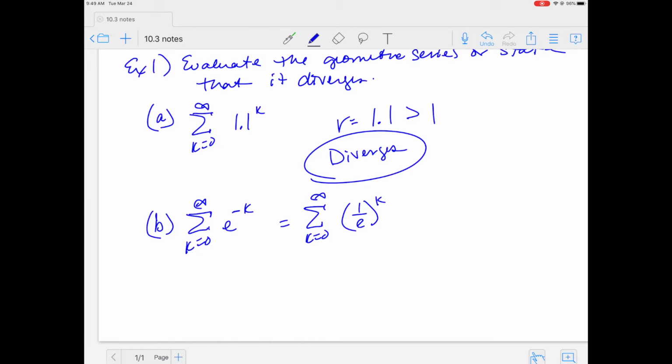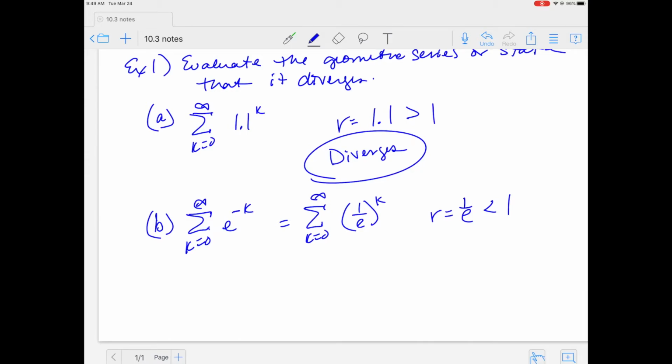Okay, so what is my r value then? 1 over e, which we know to be less than 1, a little under 1/2 because e is 2.718.